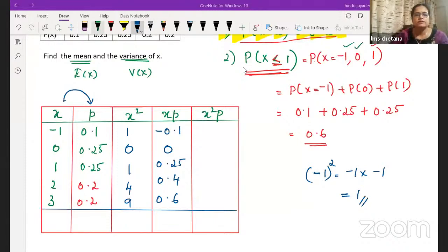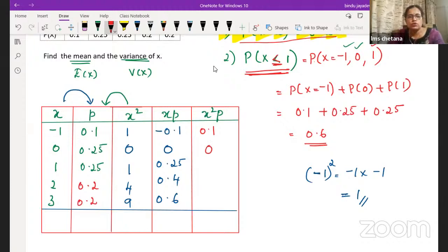Yes, next x square into p. That means these two you are going to multiply, right? Here, what is x square? 1. 1 into this one, that is 0.1, correct? Minus will not come.